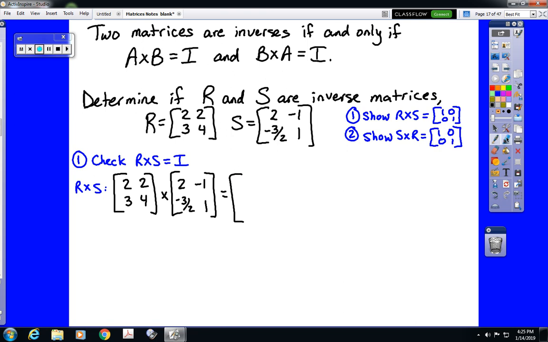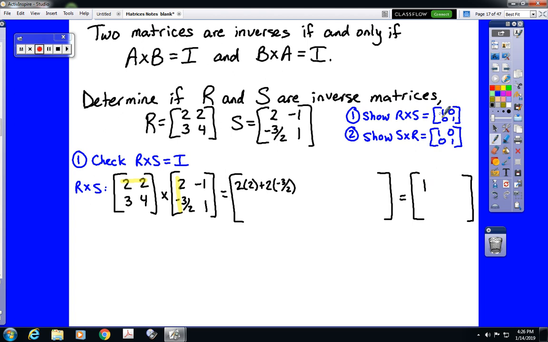We are going to do row 1 of matrix R times column 1 of matrix S. So that would be 2 times 2 plus 2 times negative 3 halves. Now, it is worth noting that we should check as we go to make sure that each entry here matches the identity matrix. That is 4 plus negative 3, which would be 1.